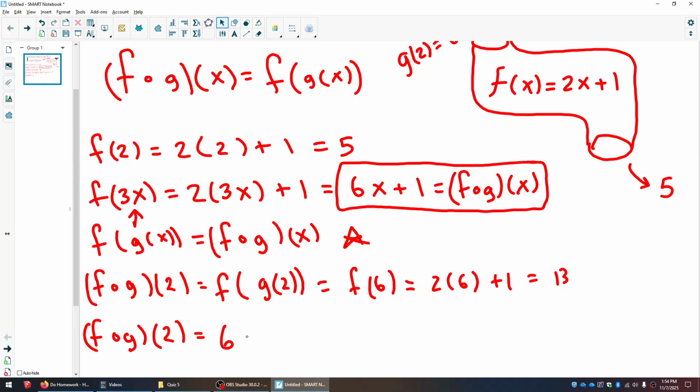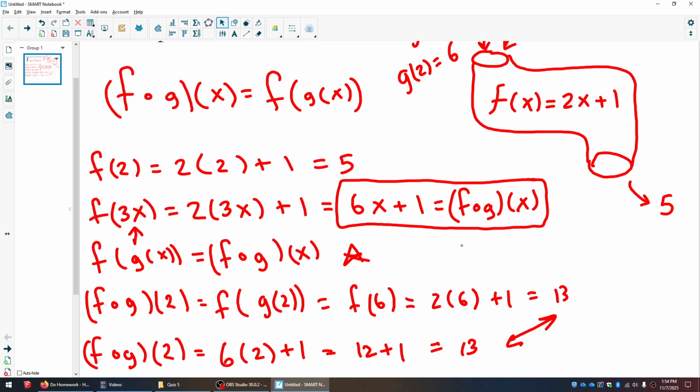So that's going to be 6 times our input, which is 2, plus 1. That's 12 plus 1, which is equal to 13, which is the same as what we already got. So both ways get us the exact same thing.